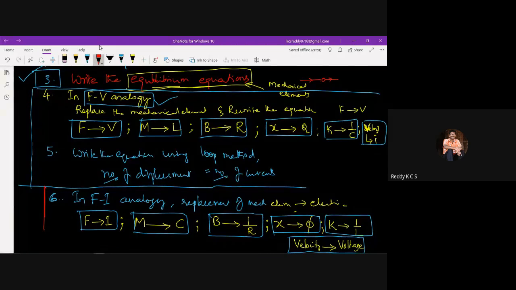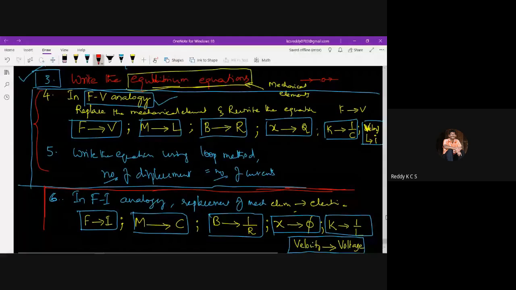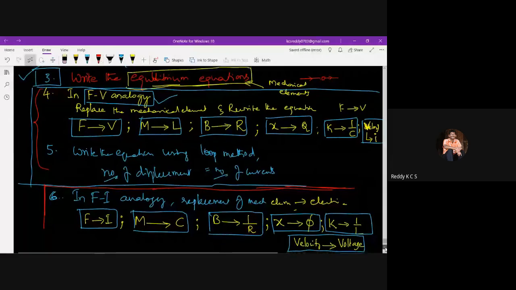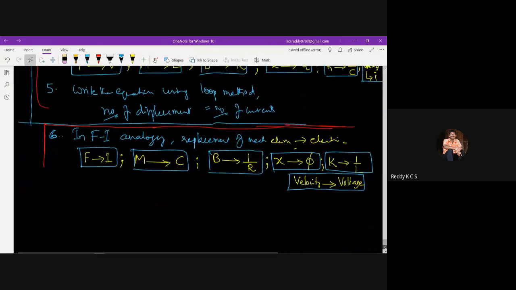This is one more method. It talks about only the FV analogy. Steps 4 and 5 talk about the FV analogy, and similarly 6 and 7 talk about the FI analogy. So the 1, 2, 3 steps are similar for both analyses.